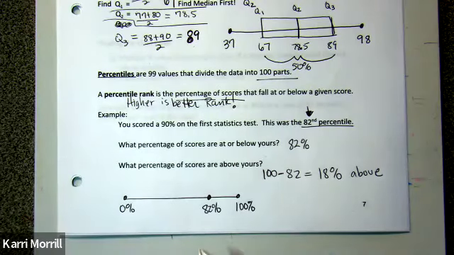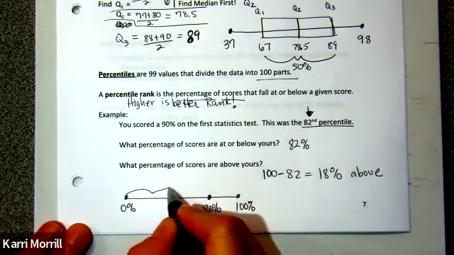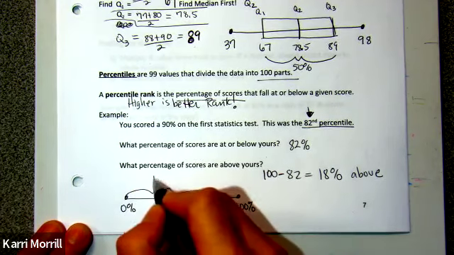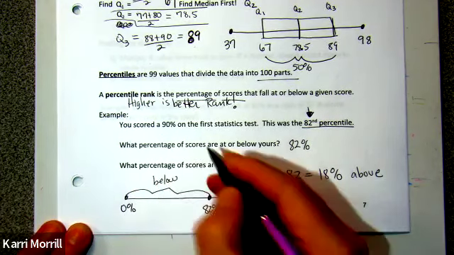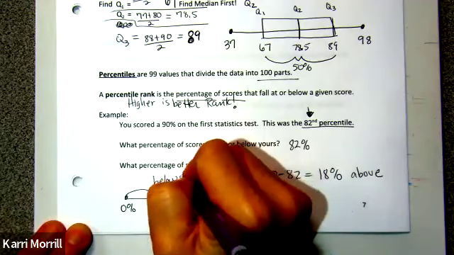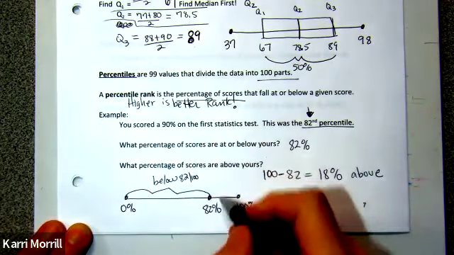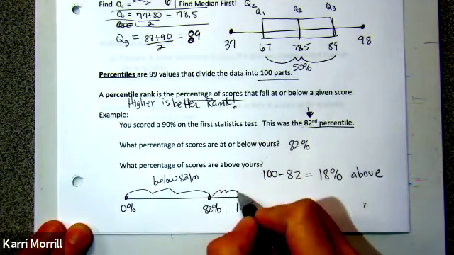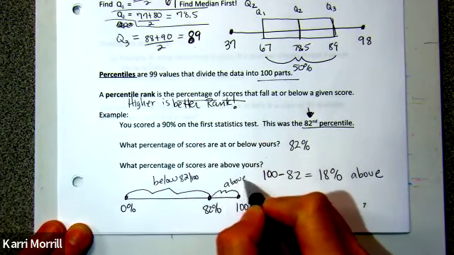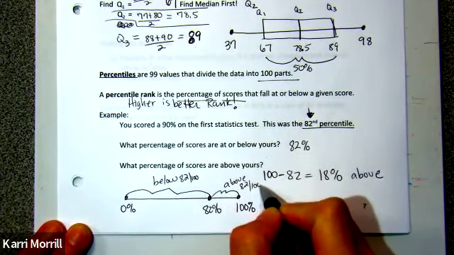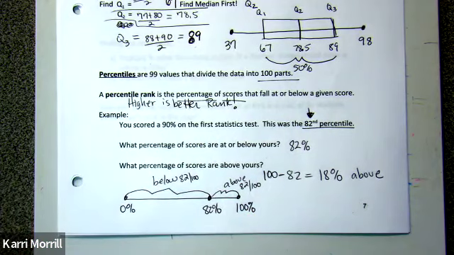That can show you that these people are below your score, 82 out of 100, and these people are above your 82 out of 100 score. So 82 out of 100 people would be below you.